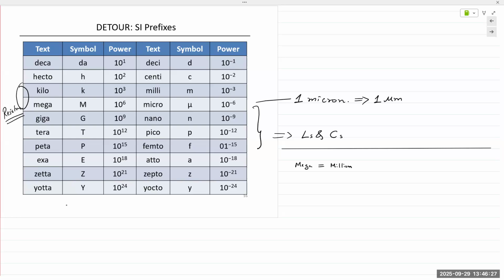Nowadays, trillions of dollars get thrown around like it's nothing. So how much do you think 1 million seconds is? In days, weeks, months, years? Wild guess.